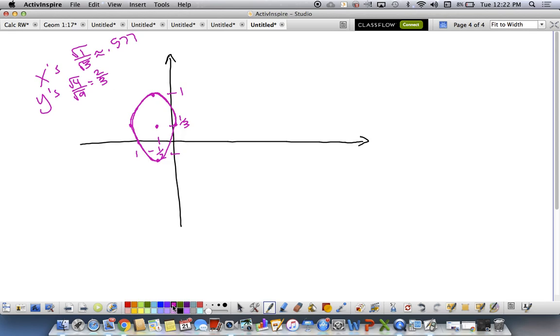Can you do another one? Maybe even on your own. One problem. So here we go. 4x squared minus 3y squared plus 8x minus 2y plus 7 equals 0. You're going to do the same thing you did on the last one.